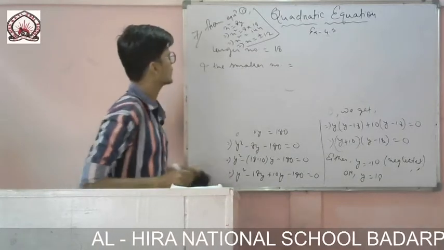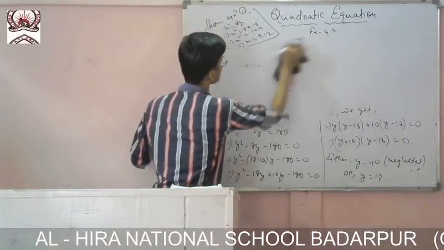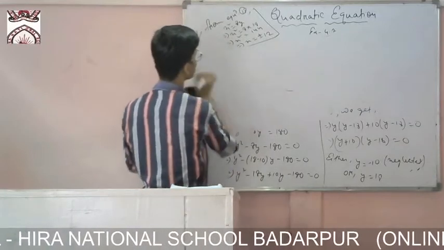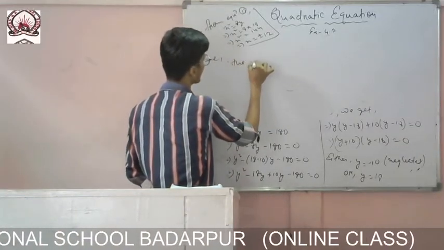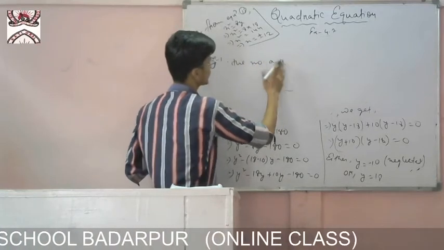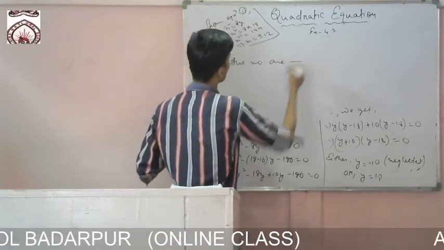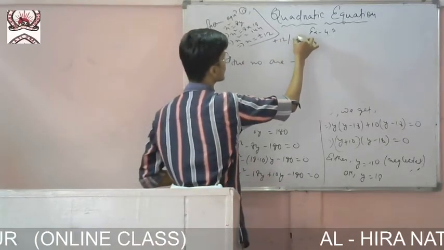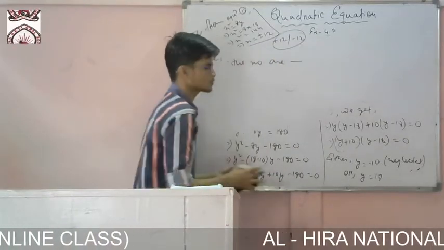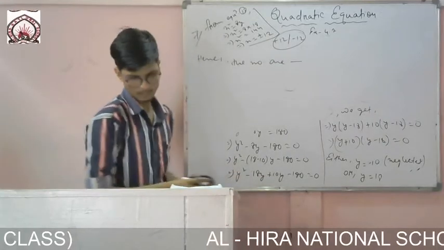So hence the numbers are, the smaller number may be plus 12 or it may be minus 12. Plus minus 12 means one time it may be plus or it may be minus.